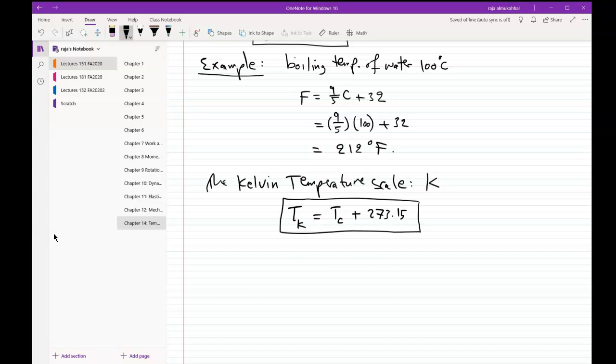So, for example, if the human temperature is 37 degrees Celsius, what is it in Kelvin? All you need to do is add 273.15 plus 37, and that will give me 310.15 Kelvin. Okay.